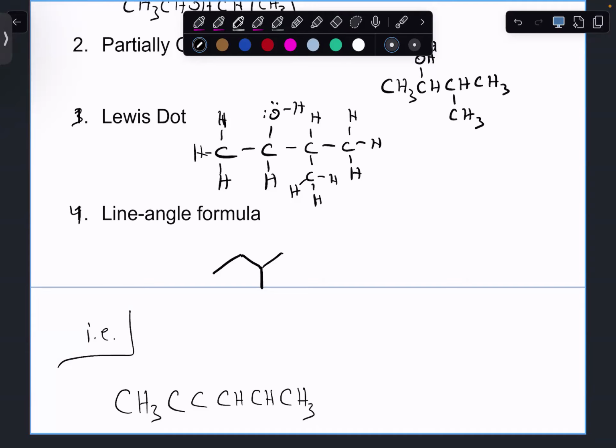Right? That represents that CH3 that is right there. The second branching point I have off of my parent chain is off of C2, and that's the OH group. Right? So then I find C2, 1, 2. Off of this position, I need to put an OH group.